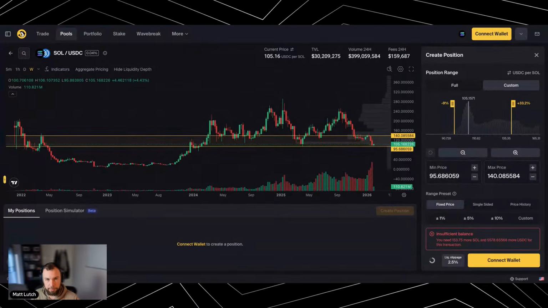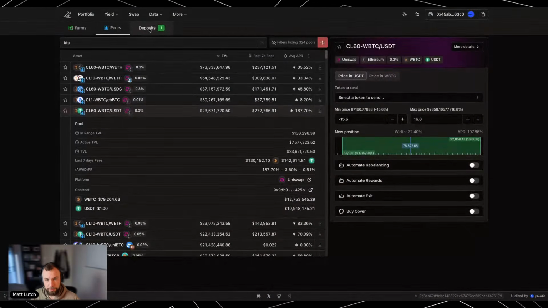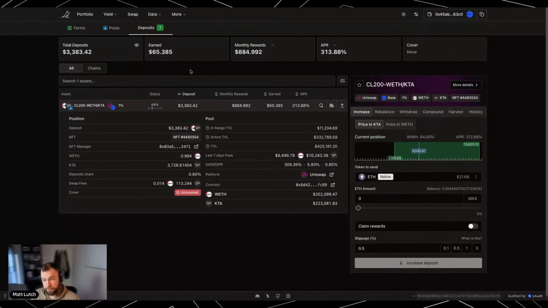Even like me, I set mine up, this particular one, a couple of days ago. I could do what I want with this $65. I can just take it out now. I could reinvest it or I could take it out and spend it. And if you're worried about taxes, how am I going to track all this? I use Coinly for tracking my crypto, and I'll be using it to track everything, and I can pay my taxes at the end of the year.